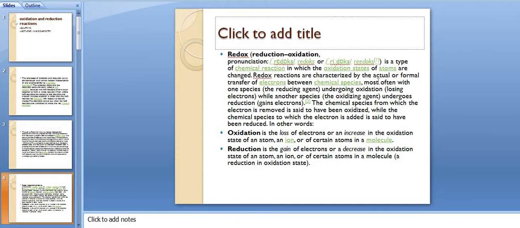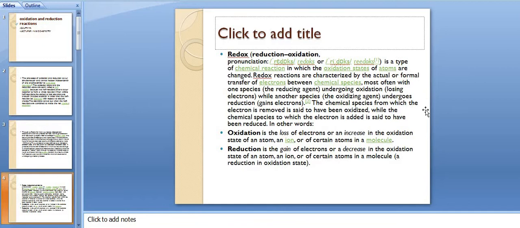Redox reactions are characterized by the actual or formal transfer of electrons between chemical species, most often with one species undergoing oxidation, that means losing electrons, while another species undergoes reduction, that means gaining electrons.